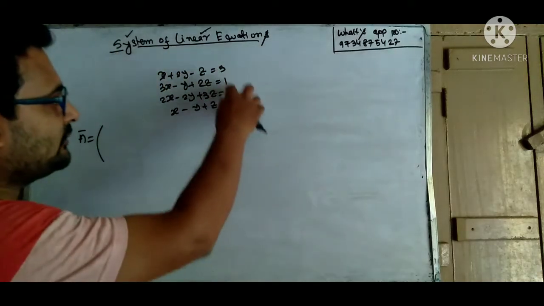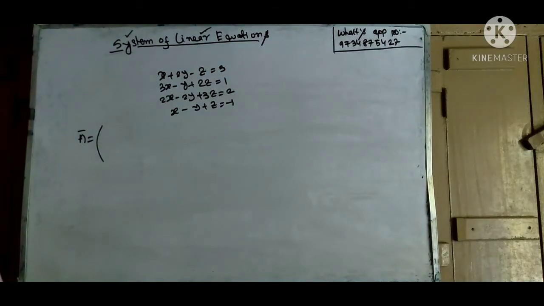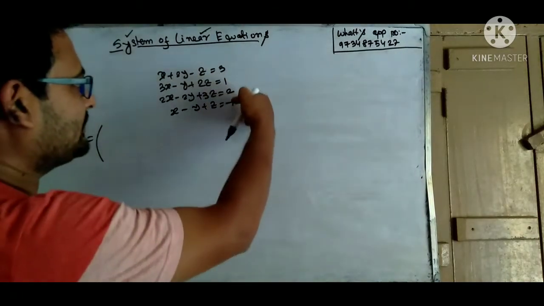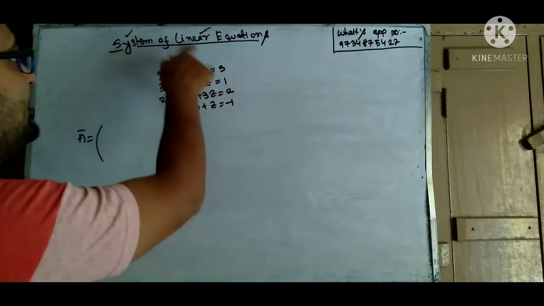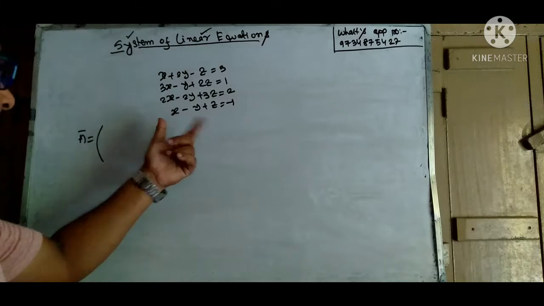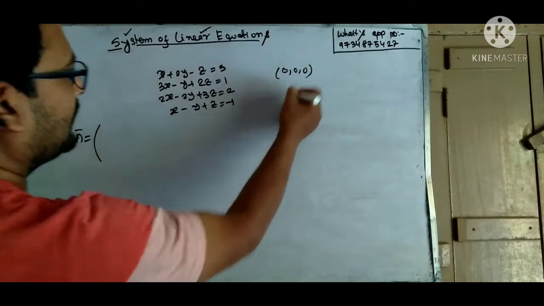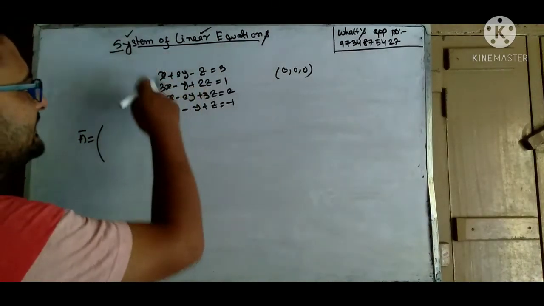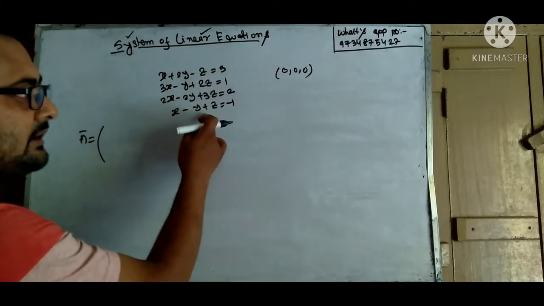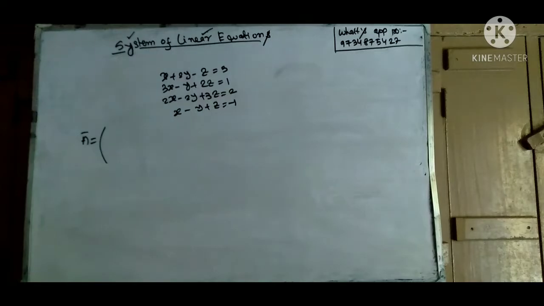If all the constants are 0, then it will be homogeneous. Then 0, 0, 0 will not be the trivial solution of this equation. Why? Because this is non-homogeneous, so 0, 0, 0 will not satisfy it.